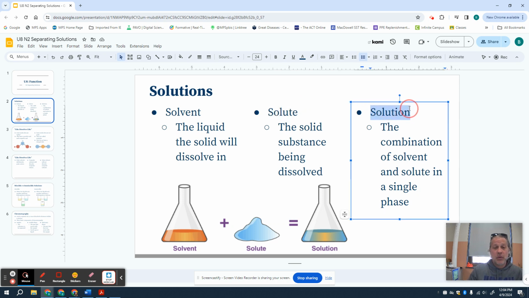So when you have solvent and solute in combination with one another, they create what's called a solution. The solution is the combination of solute and solvent in a single phase. When I say single phase, I mean they're both in, say, the aqueous phase, or they're both liquids, or maybe they're both solids. But they are definitely in the same phase.